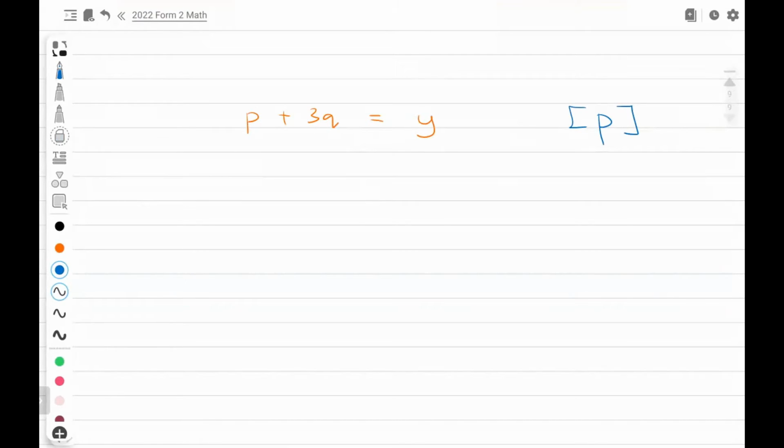I do not want any other alphabet, any other numbers or symbol. That means I have to switch plus 3Q to the back. P is on the left side, so we keep the position. If P is on the left, we make it on the left. So we just drag it down, copy back, P equal to Y minus 3Q.